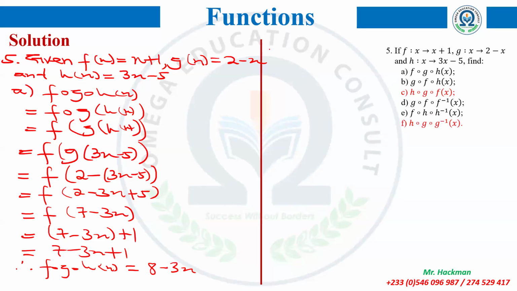Okay, so now let's look at the second question, B. What are we given? We are asked to find g of f of h of x, which we know by maturity, we know that this will be g.